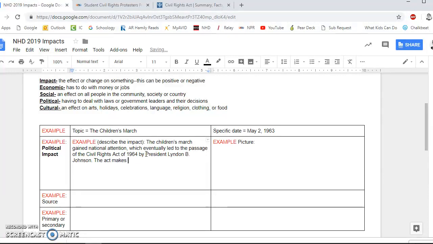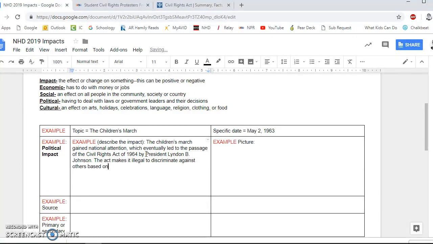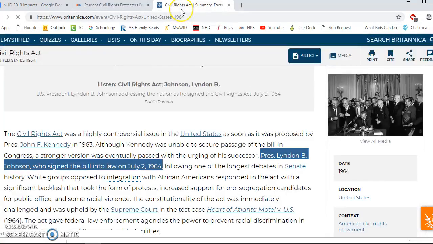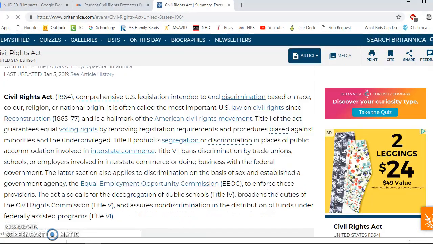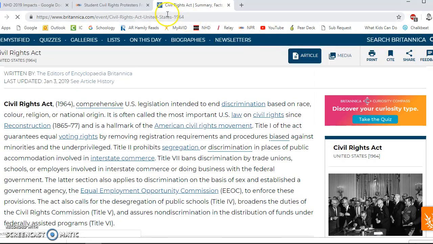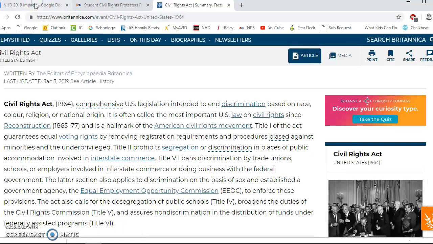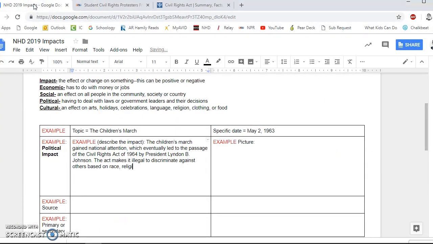So the act makes it illegal to discriminate against others based on race. What else did it mention? Religion or national origin.